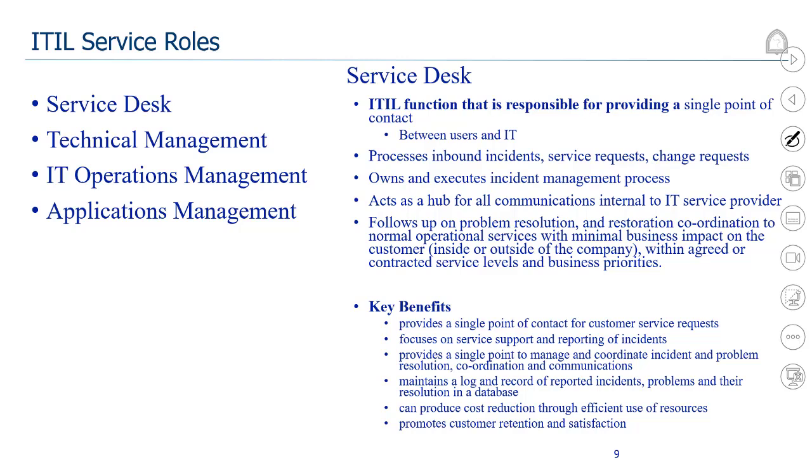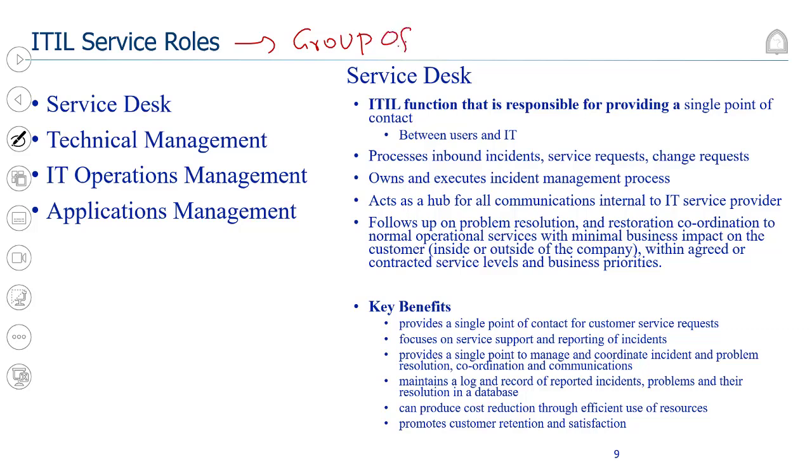Roles is just groups of people, yeah? So that's what it is. The other name for it is a function. You can also call it a function. Somebody said a function earlier on.